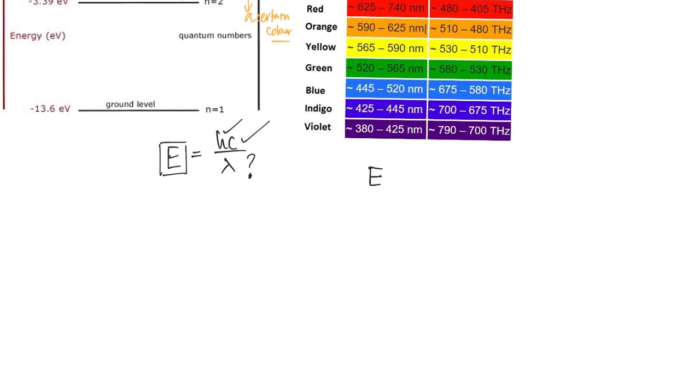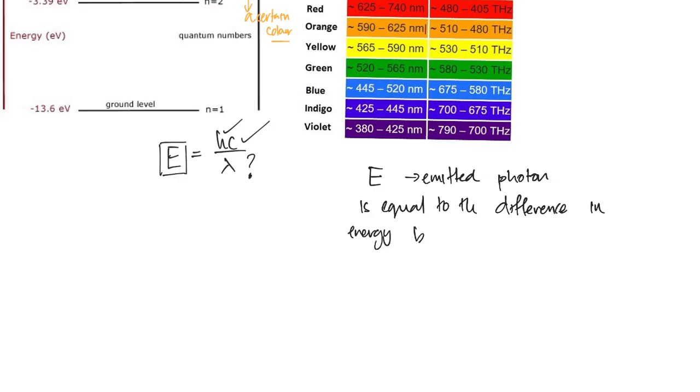So I'm going to say that E, which is my emitted photon, is equal to the difference in energy between the two energy levels. So I'm going to say E6 minus E2.